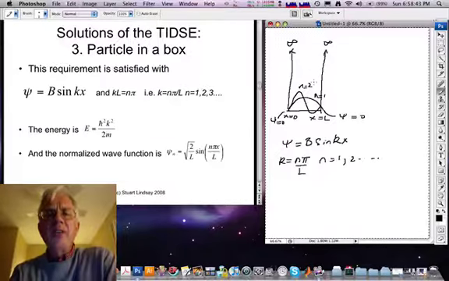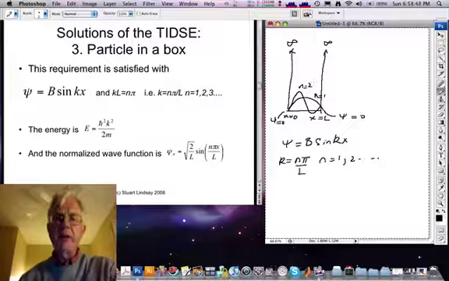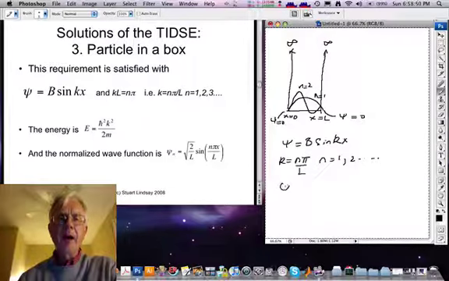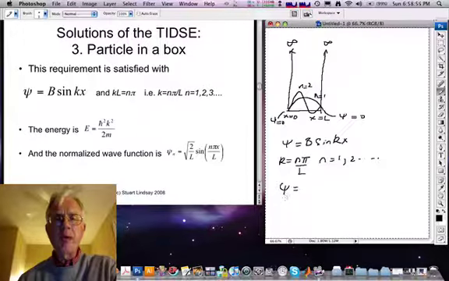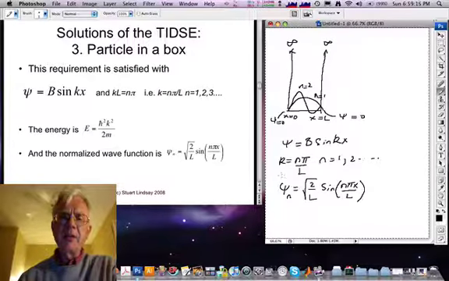So there is in fact an infinite series of functions that satisfies these boundary conditions, and they are, when normalized by integrating the square of the function and setting it equal to 1, which is a homework problem I suggest you carry out for yourselves, we find the value of b, and then substituting the value for k, we have n pi x on L as the argument of the sine wave.